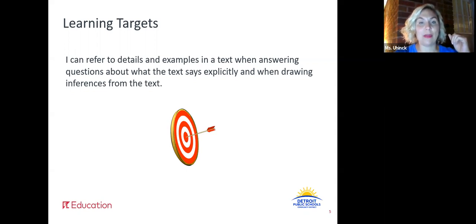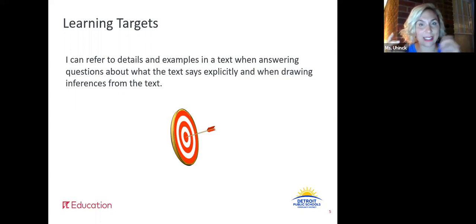We can do it from what the text says explicitly, which means it's right there in the text. And then to answer those questions, we're also going to have to draw inferences. So remember, that's what we know, what the text tells us, and then we put it together to read between the lines to actually be able to answer the questions. We have to do some thinking around that.